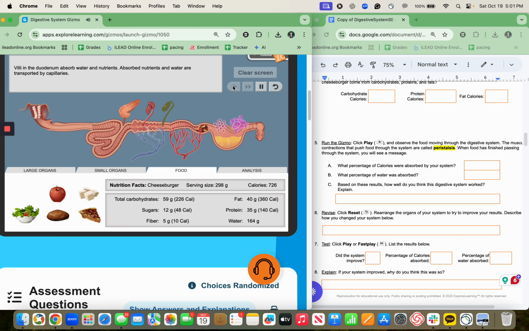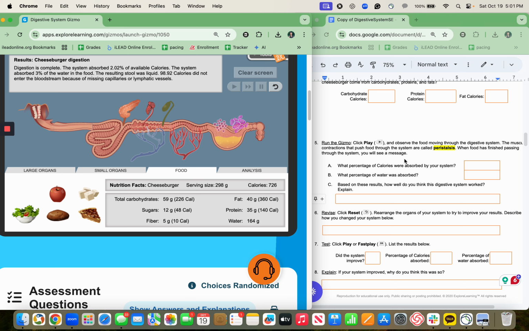Oh, okay, let's see what gets absorbed. Oops, all right, going through the stomach. And lovely. Here we go. Oh, yes. Ah, it didn't. Oh! That's hilarious.